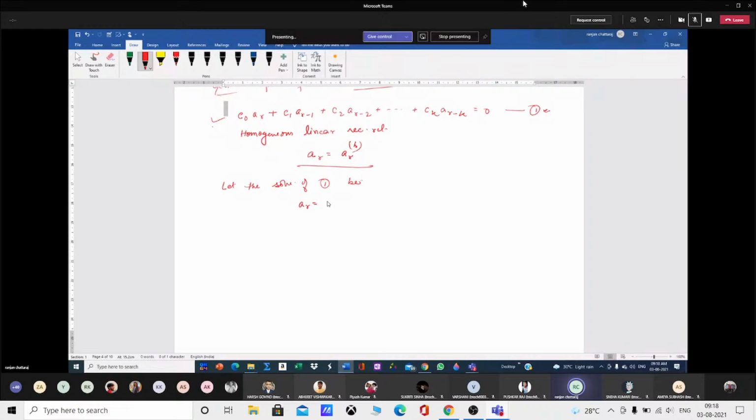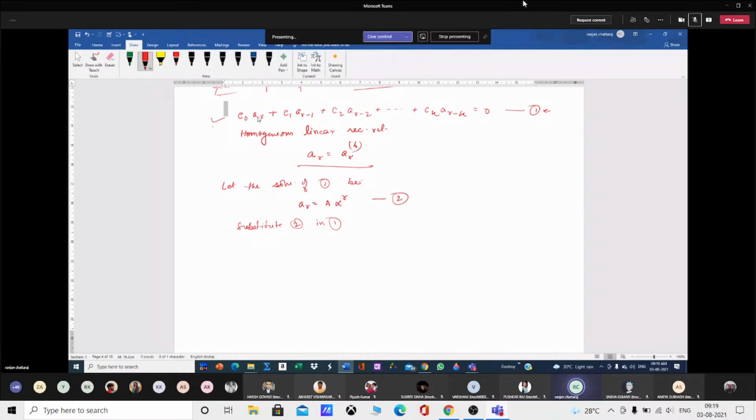Constant coefficient means we must have some constant in the solution, either 1 or some non-zero quantity, and suppose it is alpha^r. Call this 2. Now substitute 2 in 1.